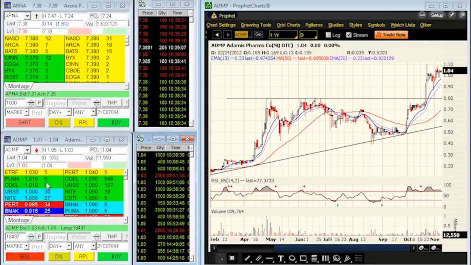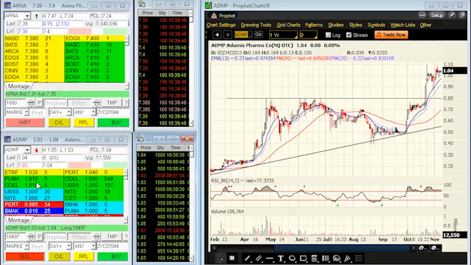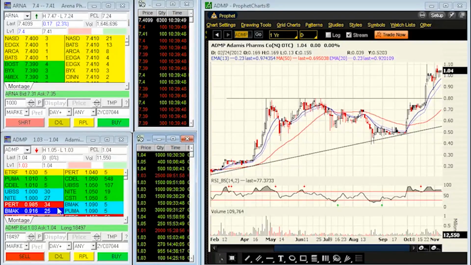So there's not that many people to sell into if I actually wanted to sell my position right here at 1.03. That's the danger of buying into a stock like this. It can easily drop on low volume. If I all of a sudden decided to sell all my 18,000 shares, I could drop it below $1 very quickly, just because I have that many shares and there's nobody to sell to.